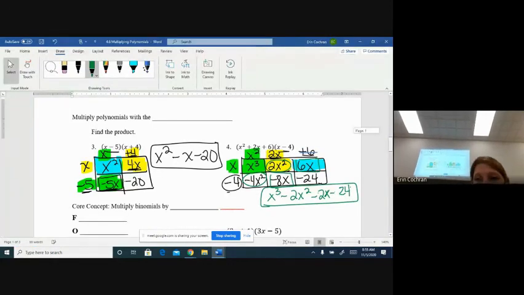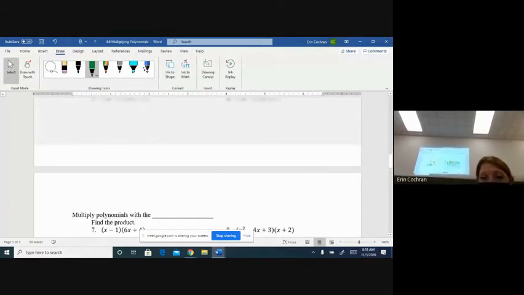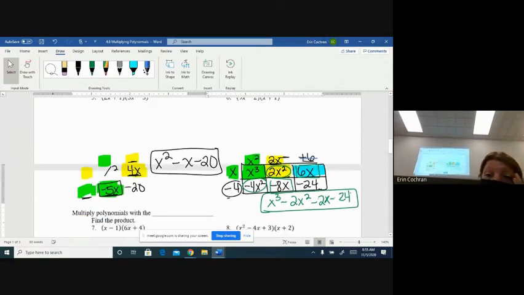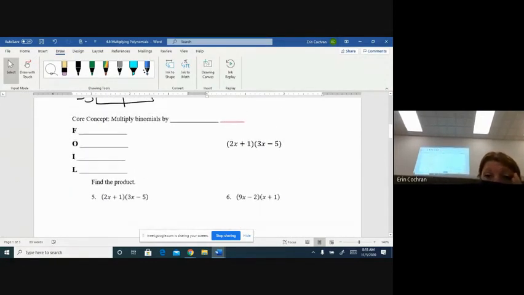So this FOIL that we're going to learn here, all right. This one can only be used with binomials. It's called FOIL. FOIL is exactly like the distributive property, actually.